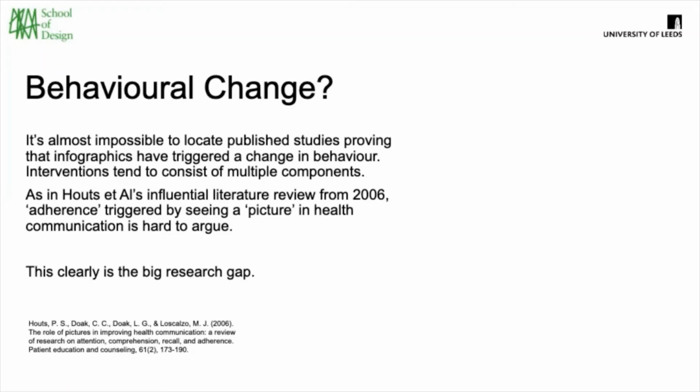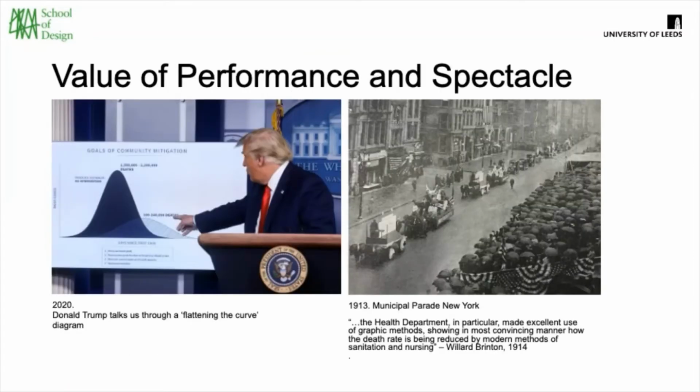Just looking forward to wrap up, going back to the Brinton example from New York and COVID, and sort of fast forwarding to COVID. We do need to think about how our graphics are performed, and increasingly, particularly during COVID, many of these graphs and charts were spoken about, particularly say in the UK and here in the US.